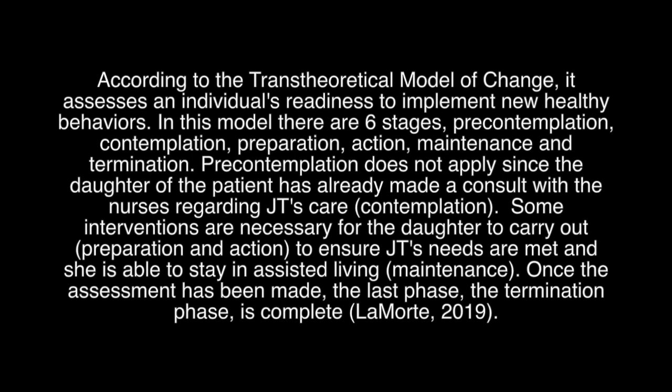Pre-contemplation does not apply since the daughter of the patient has already made a consult with the nurses regarding JT's care. Contemplation. Some interventions are necessary for the daughter to carry out preparation and action to ensure JT's needs are met and she is able to stay in assisted living. Maintenance. Once the assessment has been made, the last phase, the termination phase, is complete.